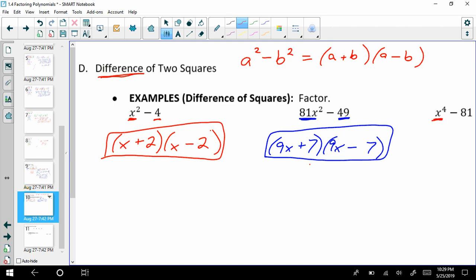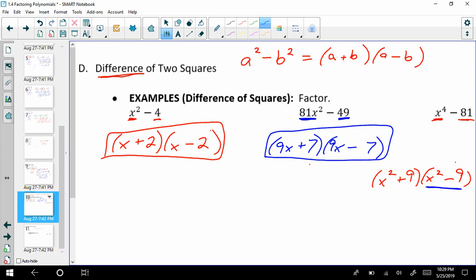Perfect square, perfect square. So hopefully you're guessing. I wonder if x squared breaks into x and x. How does x to the fourth break? Well, it'd be x squared and x squared. 9 and 9, one of each sign. Now I'll tell you, if you're really good, this is not the final answer because one of these two pieces will factor again.